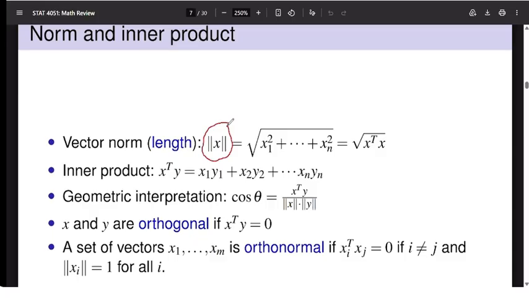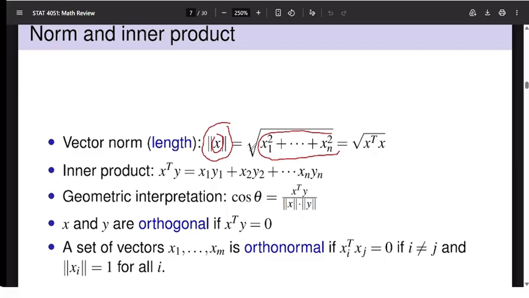The x that you see here is x1, x2 up to xn. I'm going to square each of them, add them up, and find the square root.